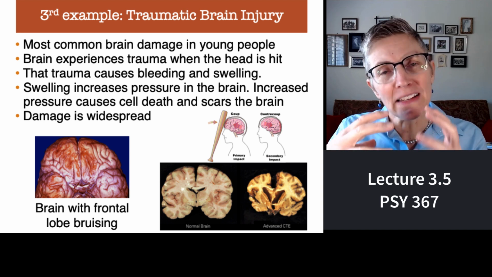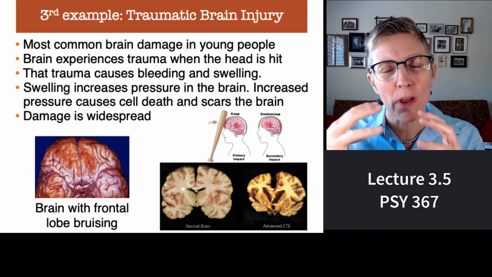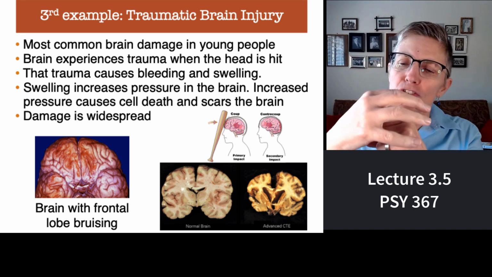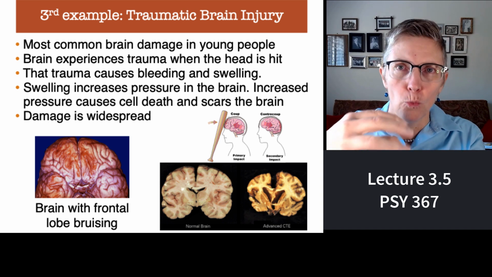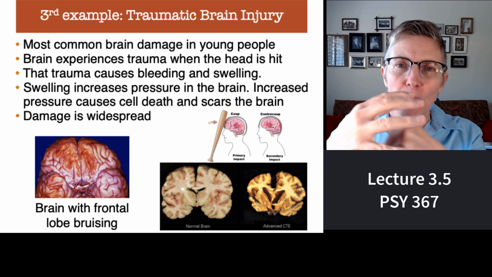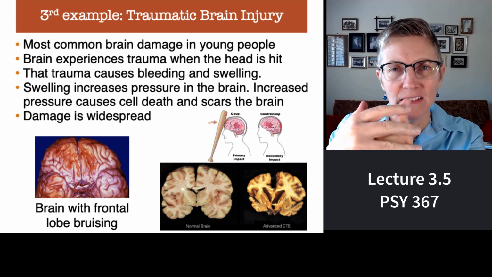And when your brain swells, it can only swell so far because we have this thick skull. So the brain, when it's been insulted or traumatized, expands. It tries to expand to deal with that.